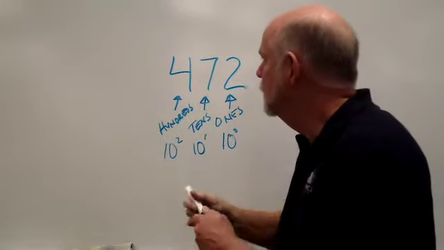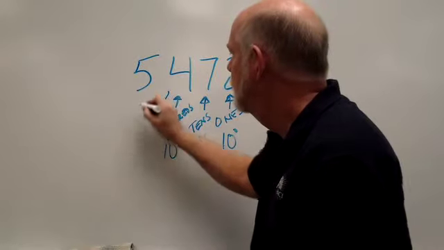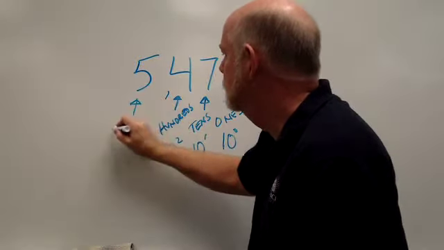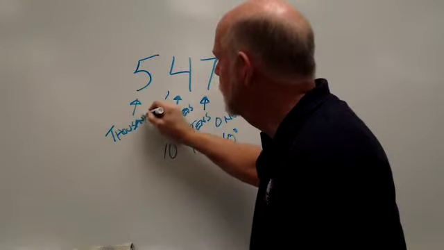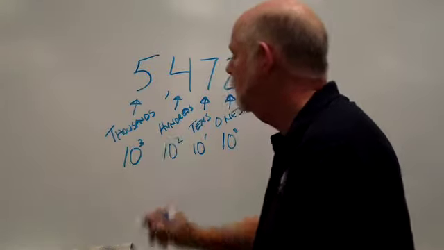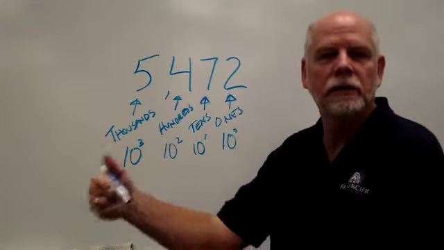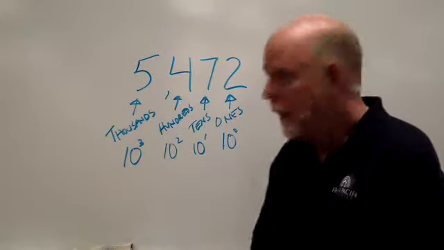And again, if we were to continue on and let's say that we had a 5 over here, well, this thousands place is what it would be called. The thousands, how many thousands do we have? Well, that's 10 to the third power, because 10 times 10 times 10, 10 times itself 3 times, is 1,000. And we continue in that.